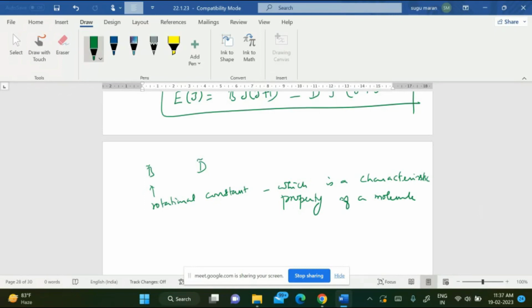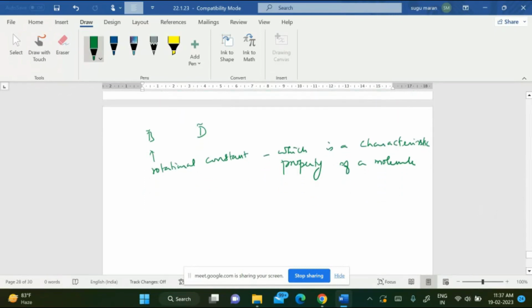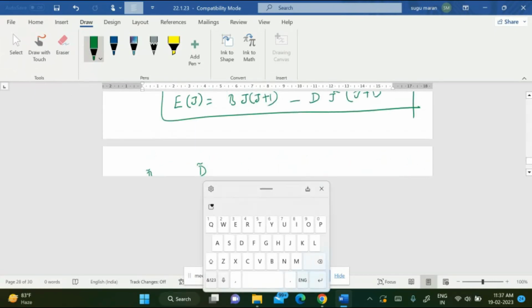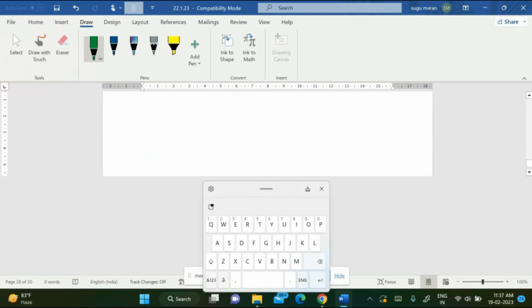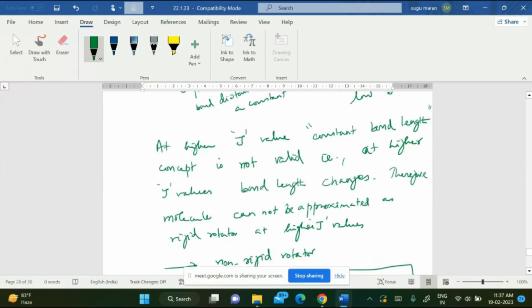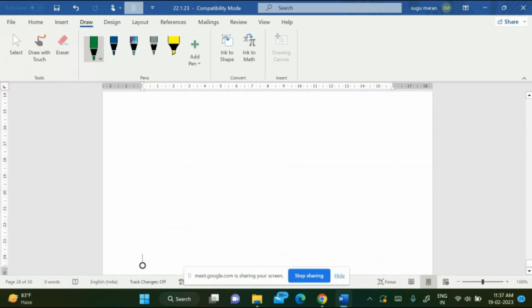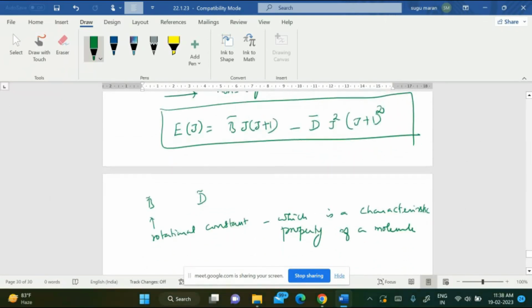It's a characteristic property of a molecule, like boiling point or melting point. So for a molecule, it's a fixed value. And D is a new constant, called the centrifugal distortion constant.